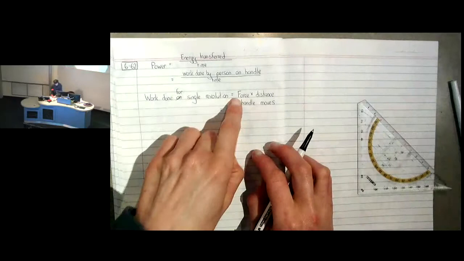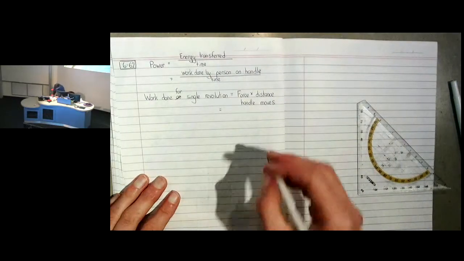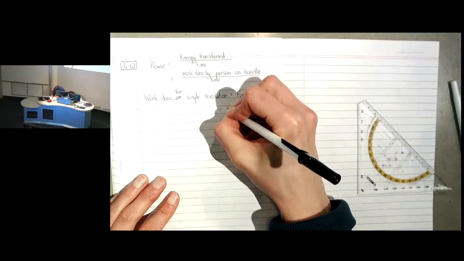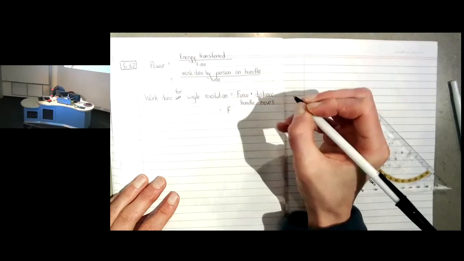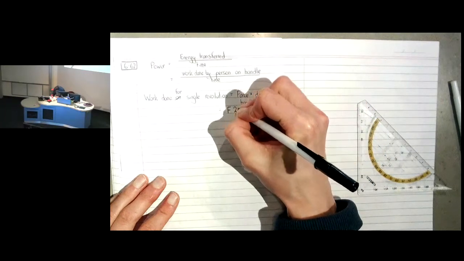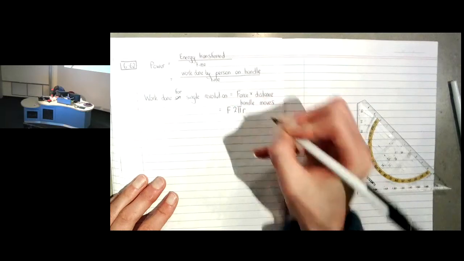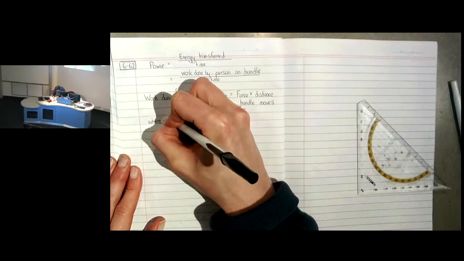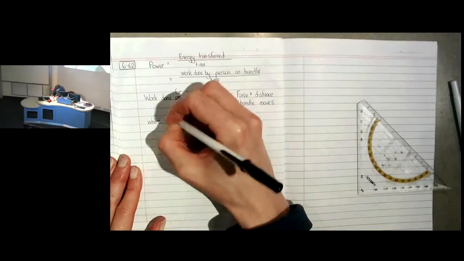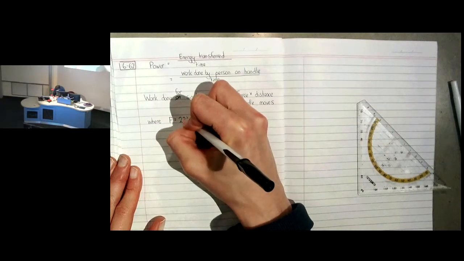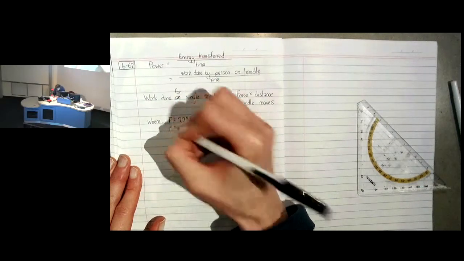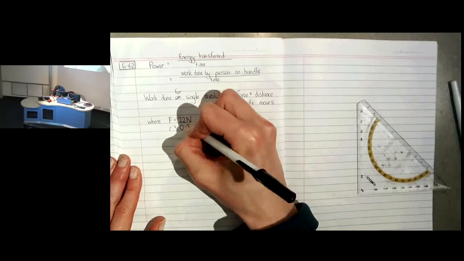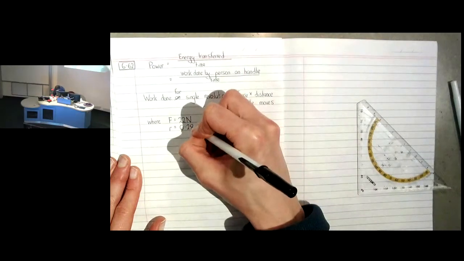So the work done for a single revolution is just going to be equal to the force being applied by the person multiplied by 2πr, where the force applied by the person is 22 newtons, and the radius of the circular path that the handle moves on is 0.28 meters.